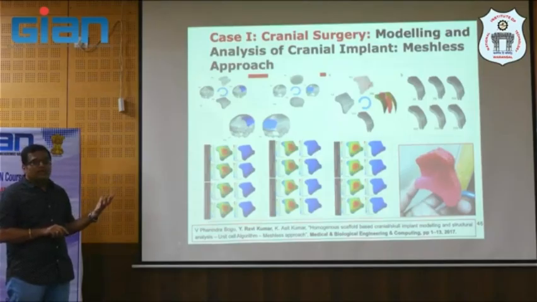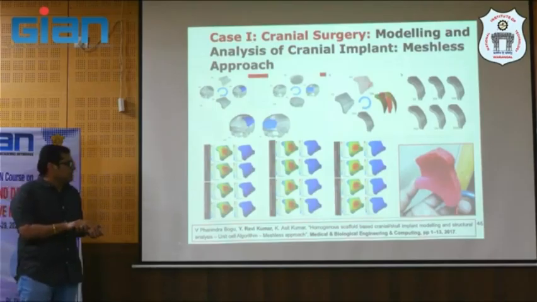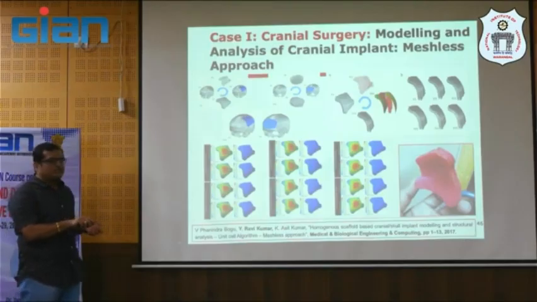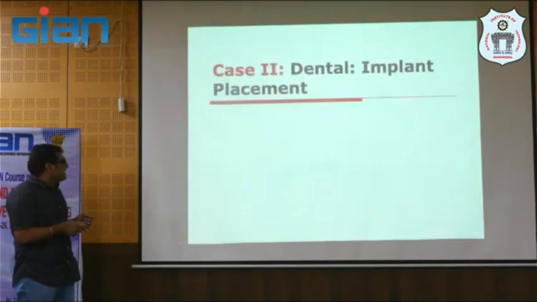So there is no other way, other than 3D printing, to make this in a single setup, right? It is impossible otherwise. And that too it is patient specific. So you can very well adjust this porosity as per the patient requirement, a personalized implant which you can design, right?